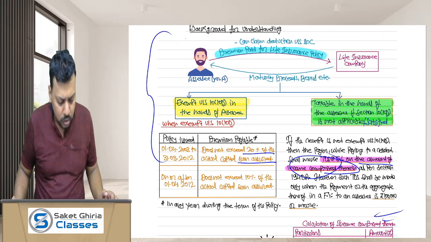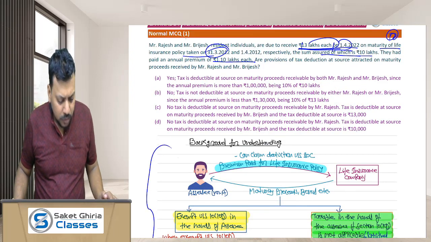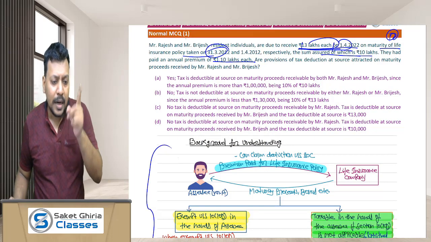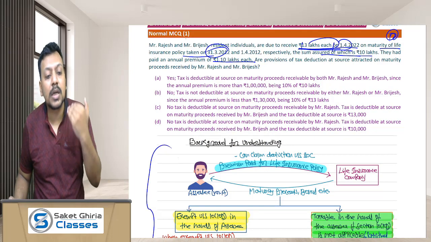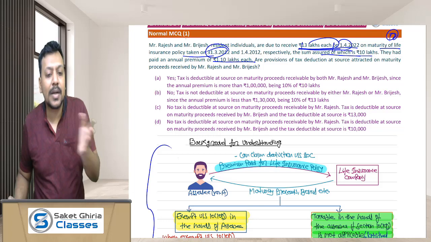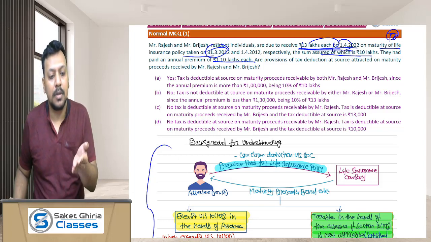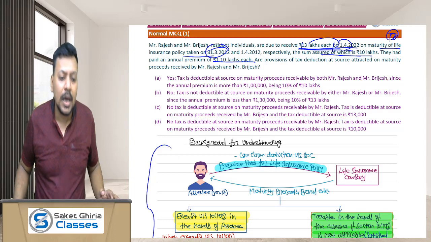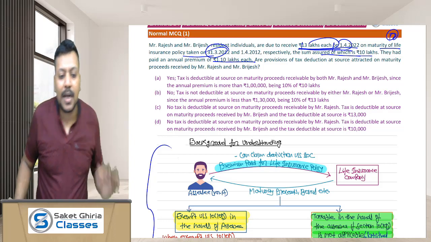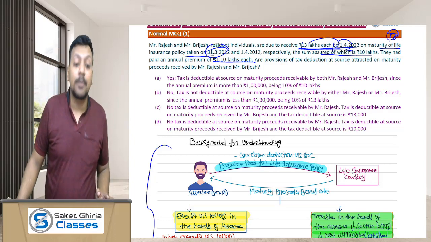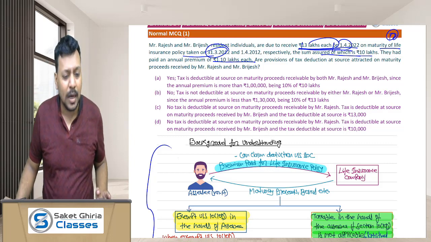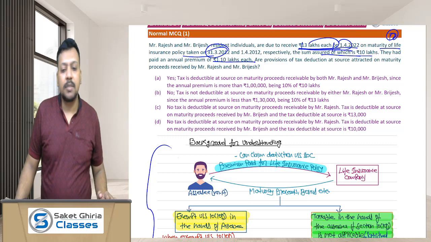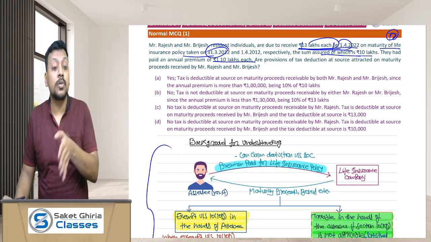Okay, so I will not take much of your time. Mr. Rajesh has taken the policy on 31/3/2012. Dear friends, to what extent can Mr. Rajesh pay the annual premium relative to the actual capital sum assured? Sir, 20%. If Mr. Rajesh pays an annual premium up to 20% of the actual capital sum assured, Mr. Rajesh will get the exemption under section 10(10D) because he has taken the policy up to 31/3/2012.